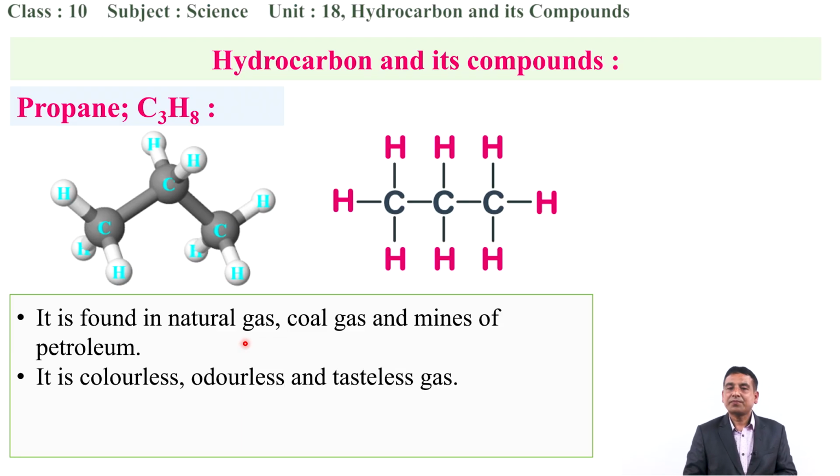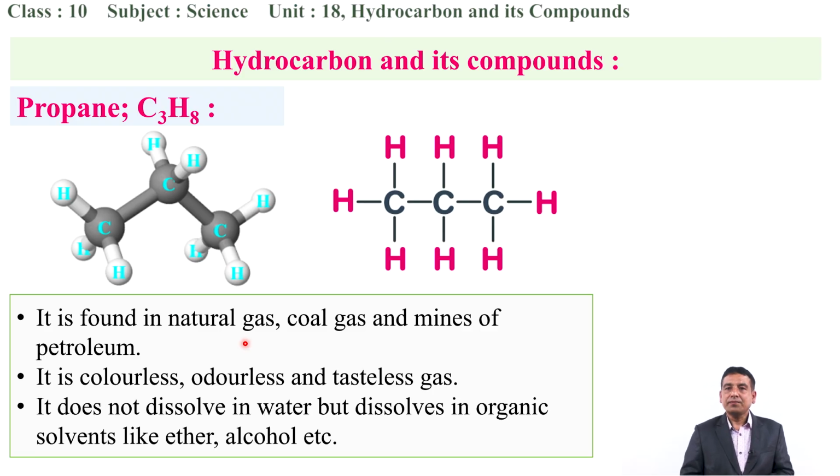Next, it is colorless, odorless, as well as a tasteless gas, as methane and ethane are. Next, like other compounds such as ethane and methane, it does not dissolve in water. What are the solvents in which propane dissolves?